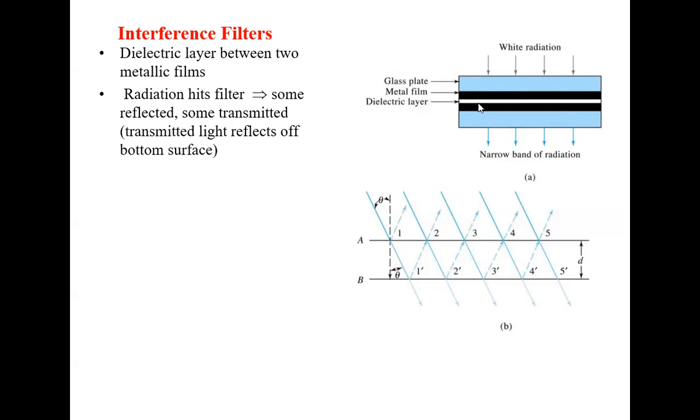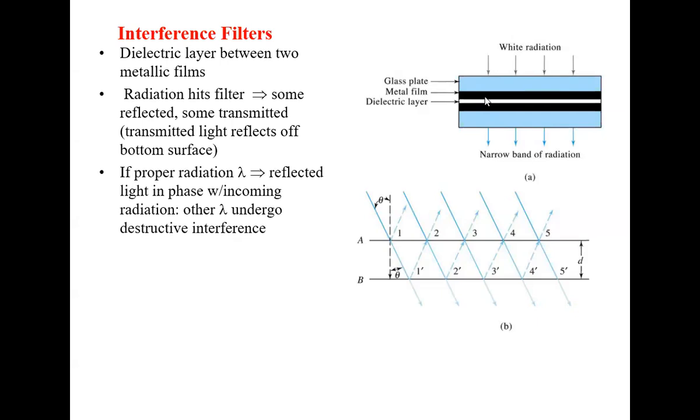That is going to be important. Then the dielectric layer is between two metal films. You can see there, two metal films here in a black color. And what you see emerging on this other side of the glass plate is a narrow band of radiation.